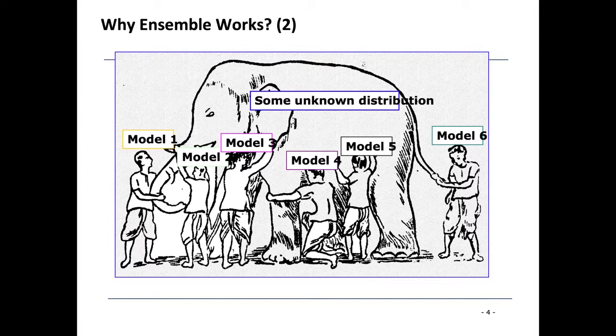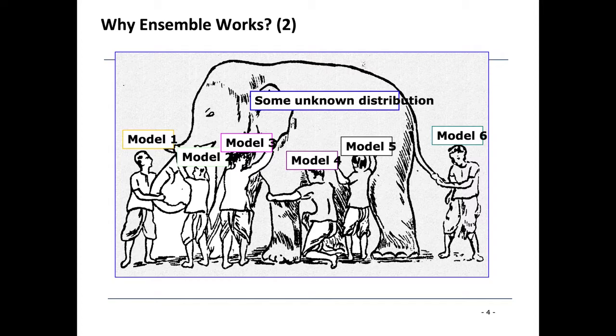Model 1 understands what a trunk is, model 2 understands the tusks, model 3 the ears, 4 the feet of an elephant, 5 the body of the elephant, and 6 the tail. That elephant represents some unknown distribution, and if we sample from the right part of it, one model as opposed to another will actually be more accurate.